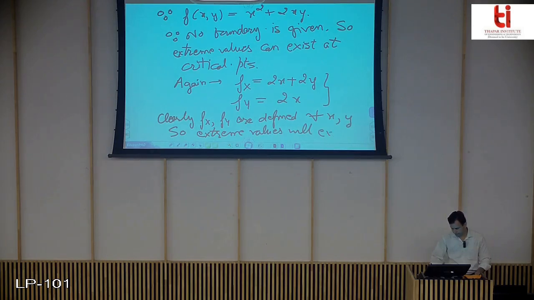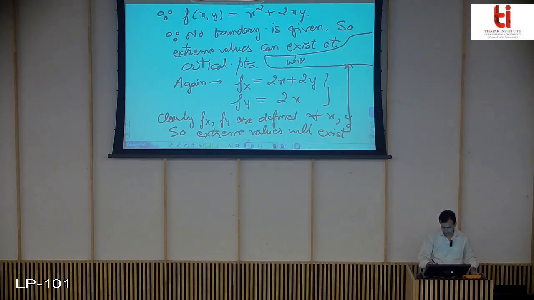There is no point where they are undefined. So extreme values will exist where the partial derivative with respect to x and the partial derivative with respect to y are 0 simultaneously. This is where we should look for the extreme values, because boundary points are not given, and there is no point where the partial derivatives are not defined.